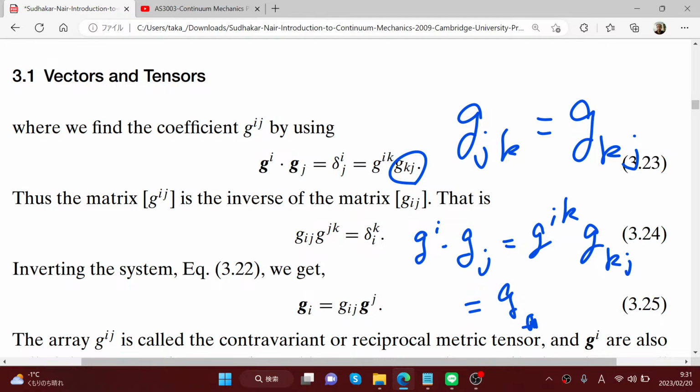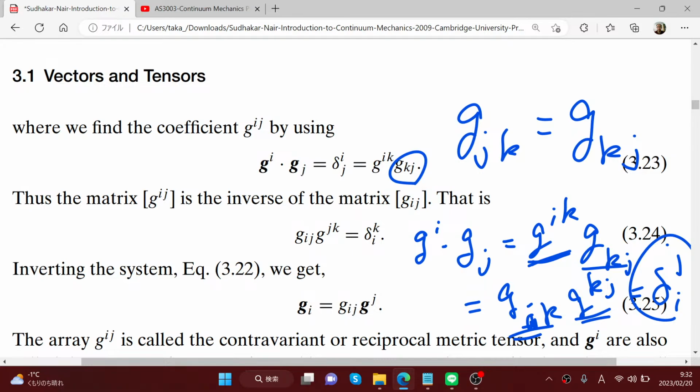I would say delta ik Gkj. See, ij Kronecker. So this order doesn't matter: up, up, down, down, down, down, up, up. But these both are Kronecker.